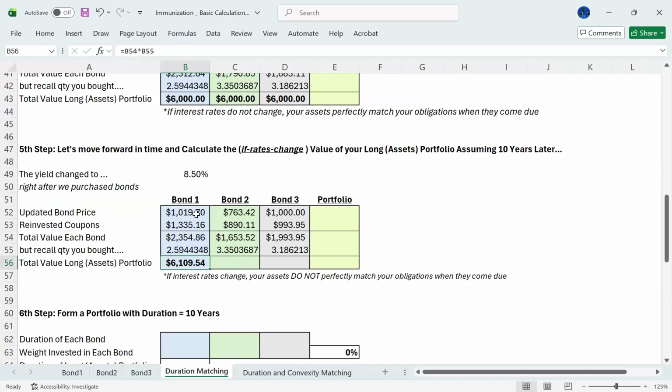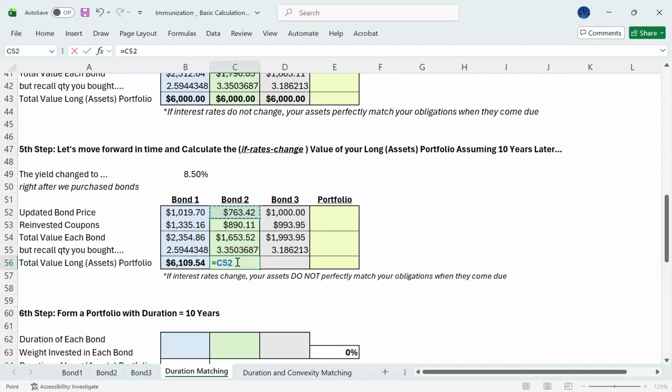Keep in mind we have two components. We have a bond that is worth 1,019, and I have reinvested coupons of 1,335, and I have that 2.59 times the number of bonds that I bought. That's the notional. Here it's 2.59 times.